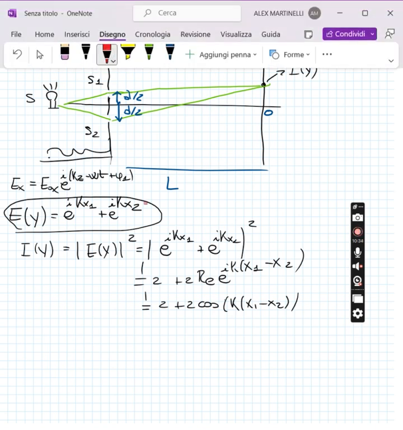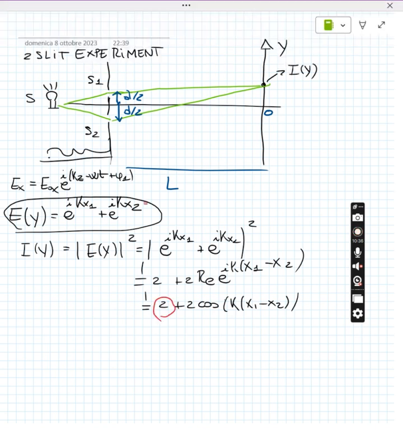The first term is the sum of the two contributions from S1 and S2 taken separately, and this other term is due to the interference between the rays passing through S1 and S2. So we can say this is an interference term.